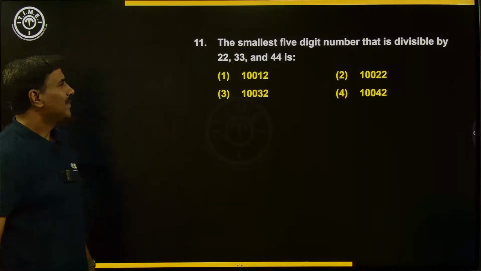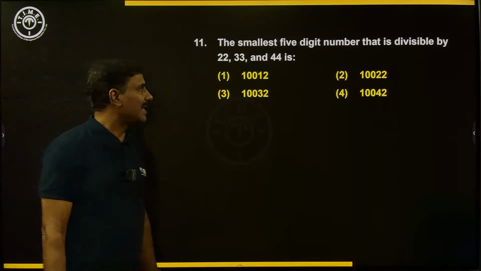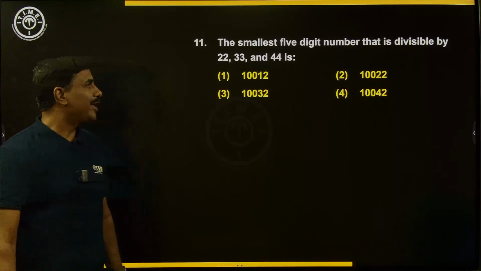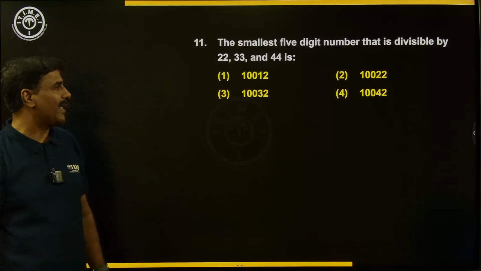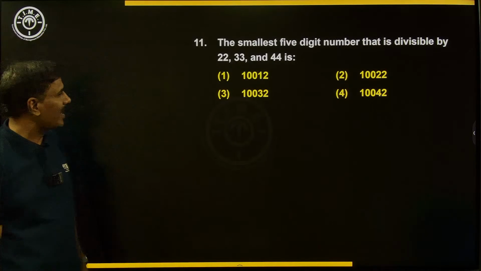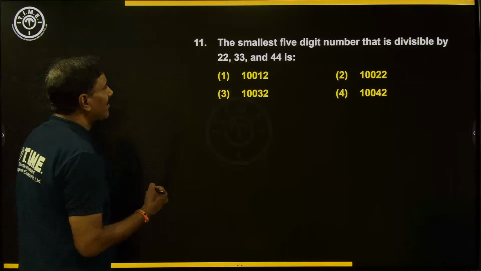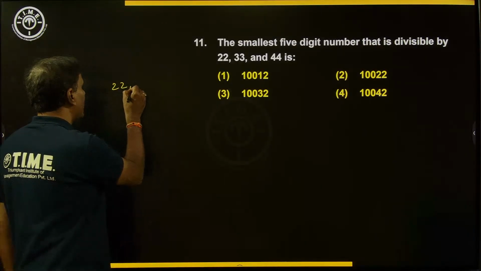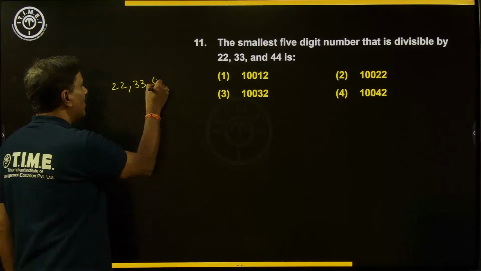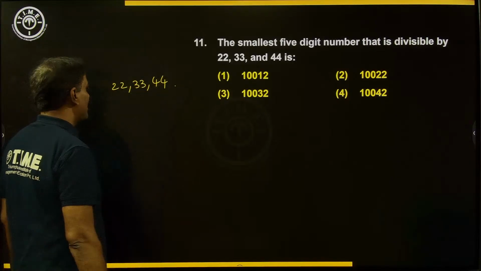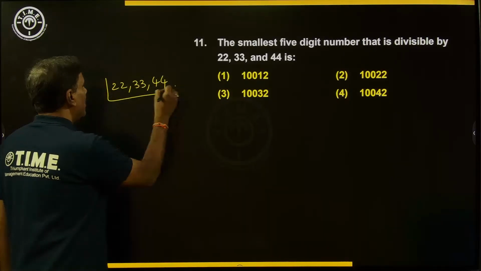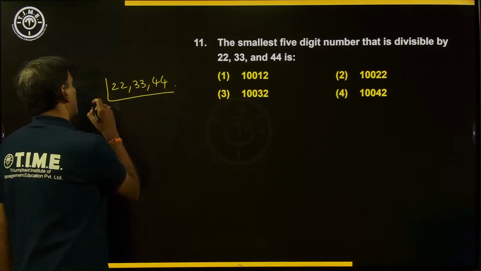The next one: the smallest 5-digit number that is divisible by 22, 33 and 44 is. And if you are observing carefully, the smallest number that will be divisible by the given set of numbers will become the LCM of the given numbers. So these are all clearly divisible by 2 as well.